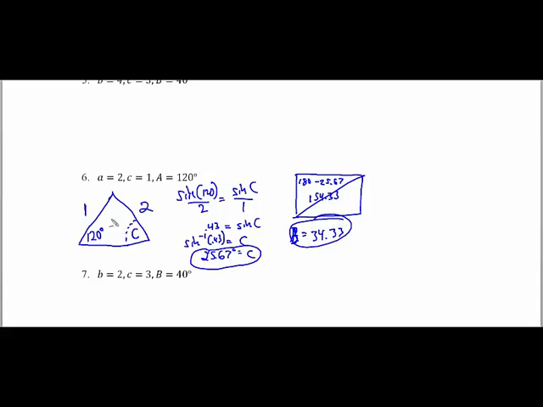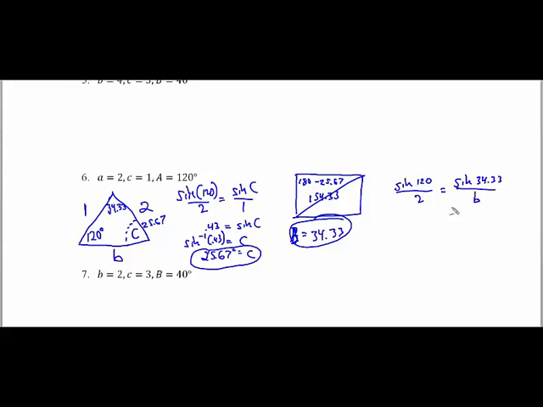So now that I know that this is 34.33 degrees, and I knew that this was 25.67 degrees, now I just need to find this missing side length b. So over here, I'm going to have the sine of 120 divided by 2. This is the original setup from the original problem, is equal to the sine of 34.33 degrees divided by b.